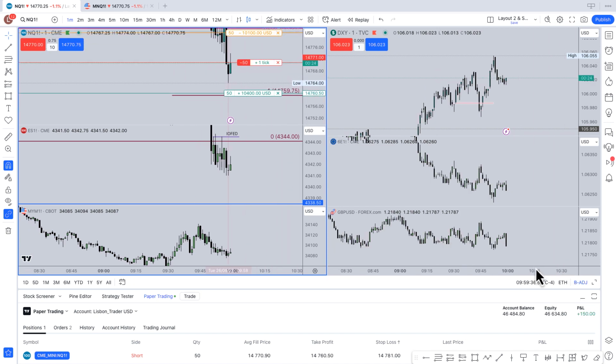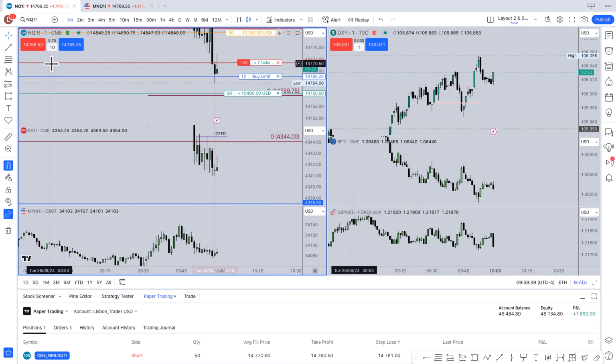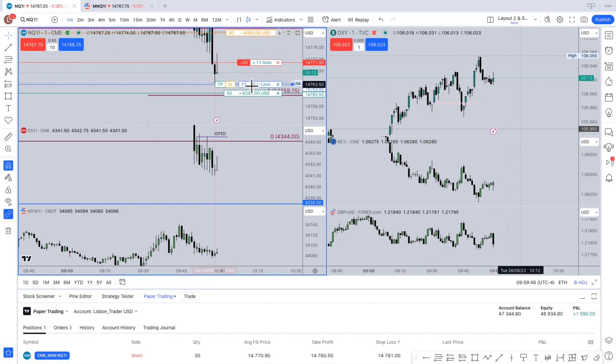Back to base 46,000. Let's recover the equity. Recovering the equity first.